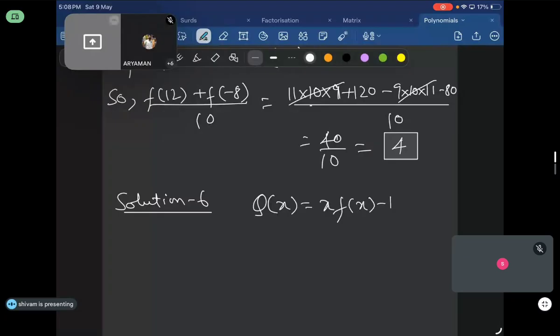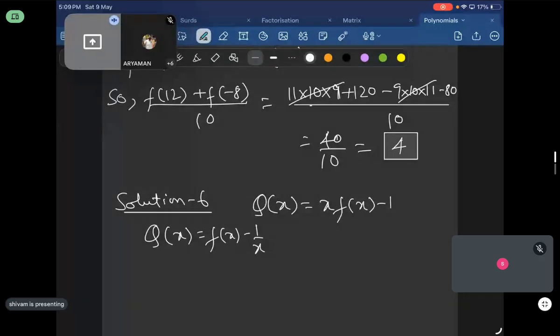We should start with this expression, right? Whatever question we have done prior to this, we have always started with q of x equal to f of x minus pattern. Why did you start with q of x equal to x into f of x minus 1? Can you tell me?